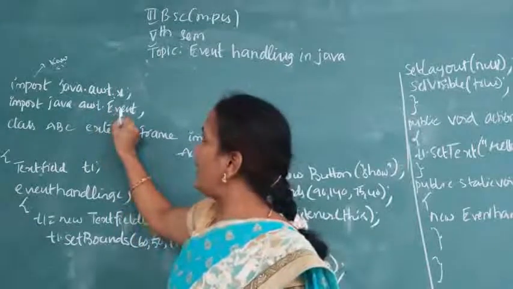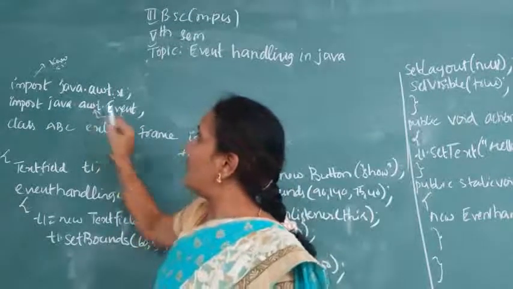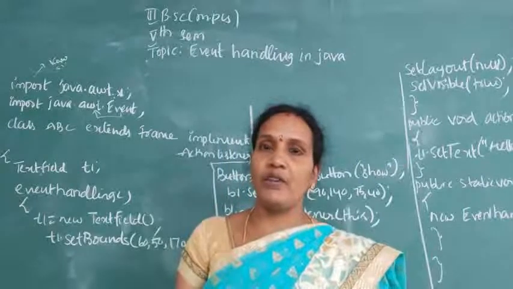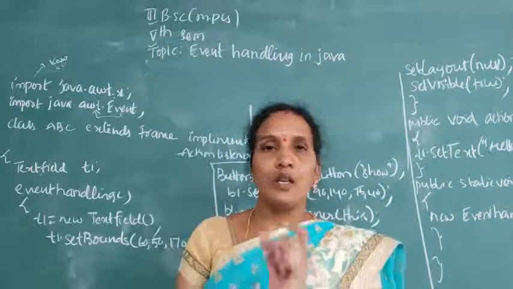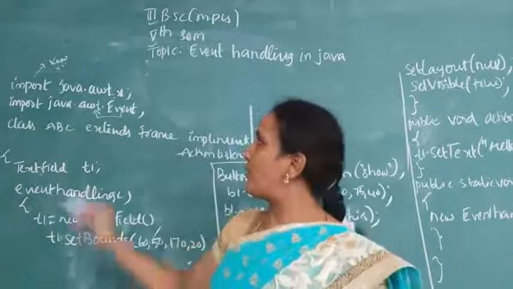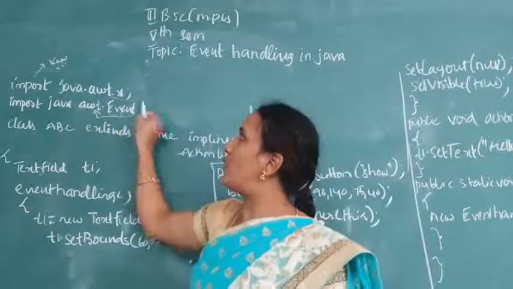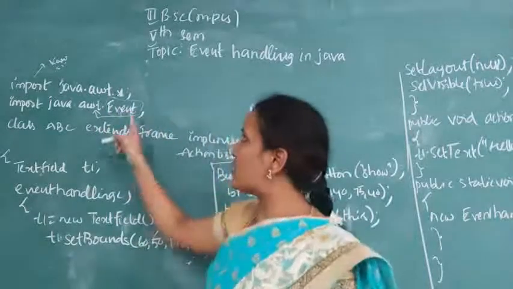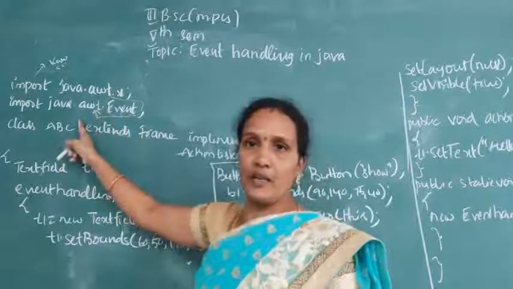Because here we are doing event handling, we need to import the event package of AWT, so we can use all the methods of these classes. Understood? That is why I am importing it.